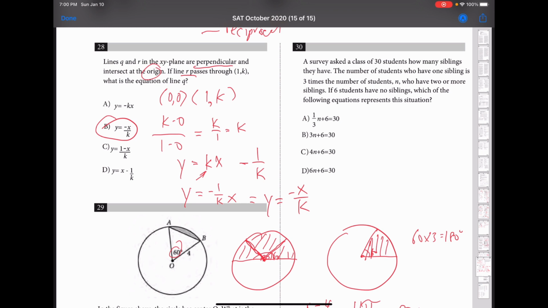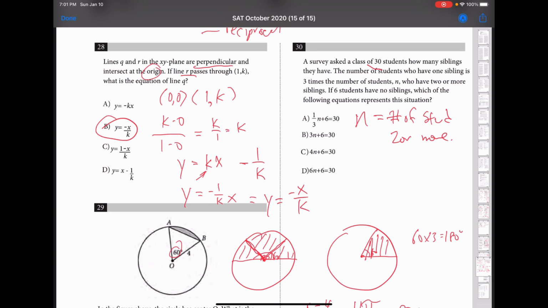Okay, so they're saying the total class has 30 students. The number of students who have one sibling is 3 times the number of students, n, who have 2 or more. So n equals the number of students with 2 or more siblings.